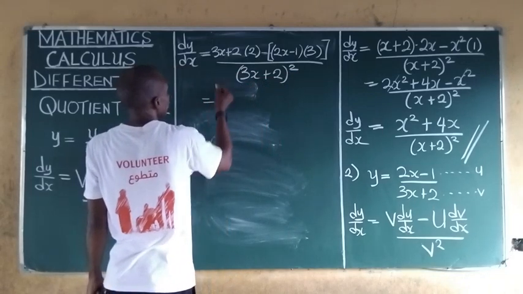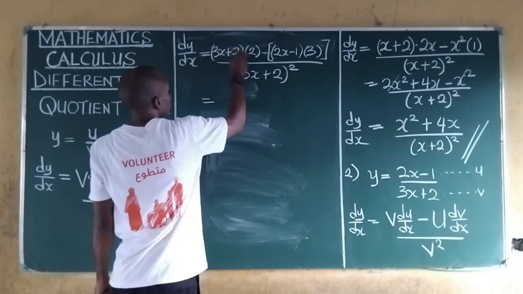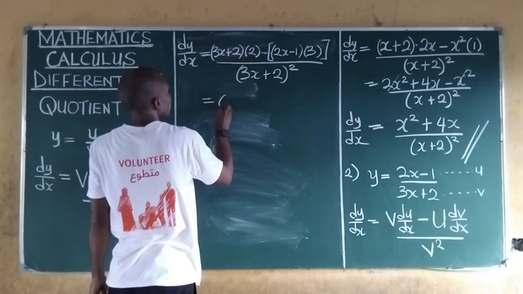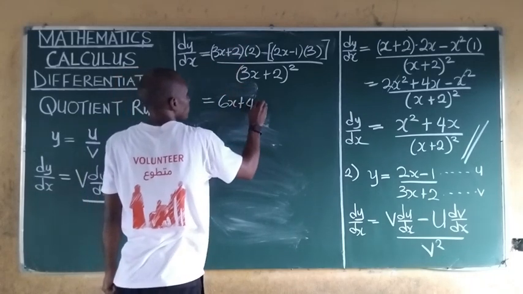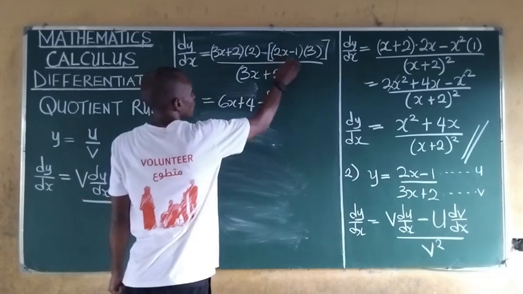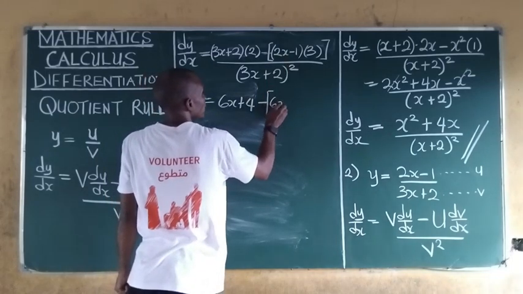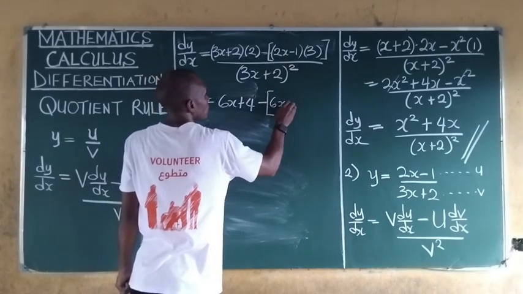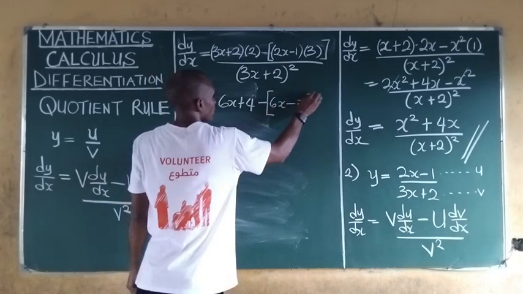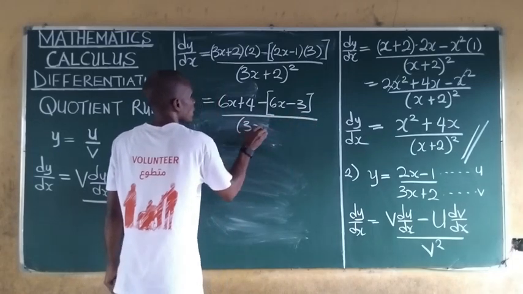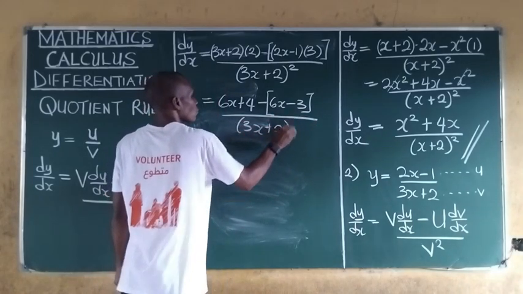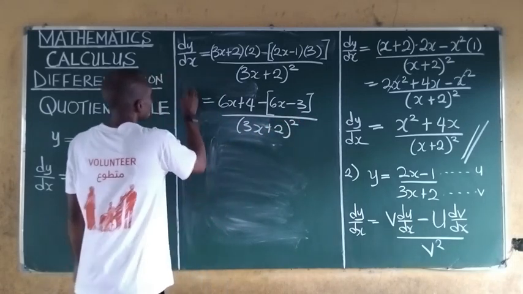So it's equal to this multiplied by this. We have 6x plus 4 minus, here we have 6x minus 3, all over 3x plus 2 raised to the power of 2.